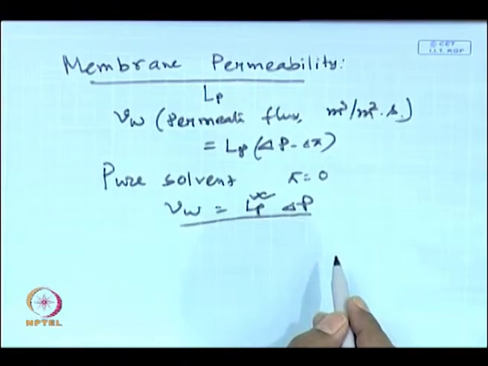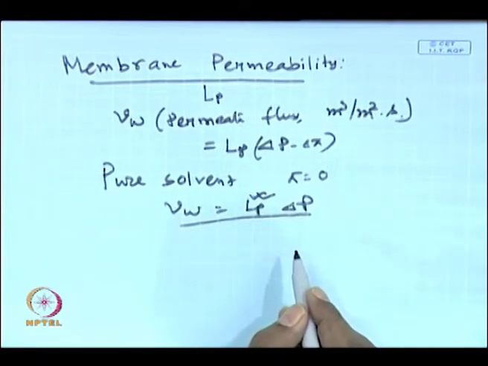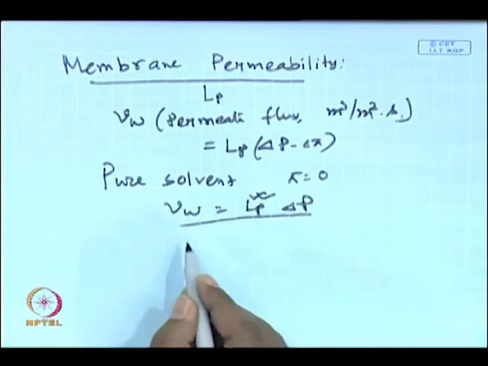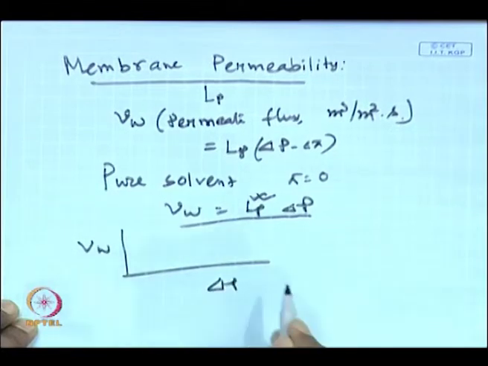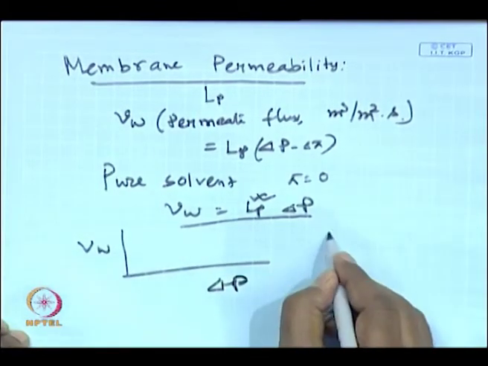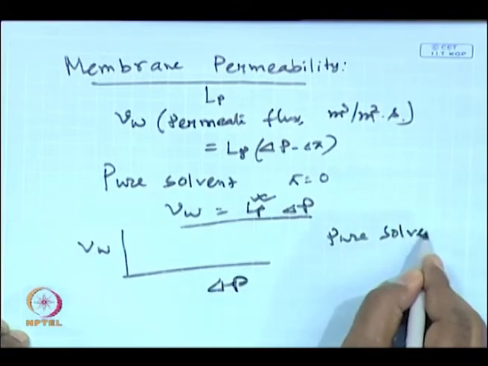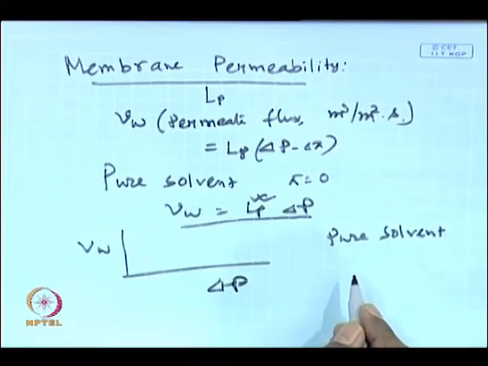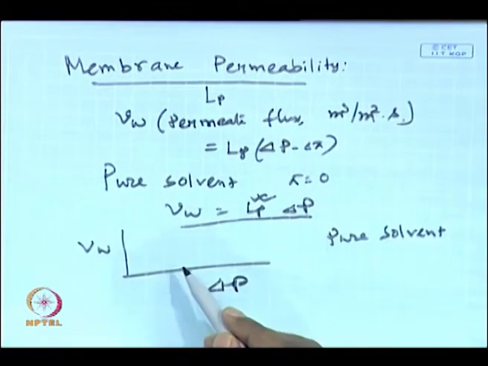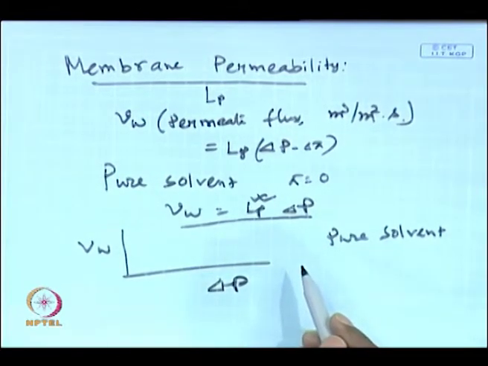Basically, use the same stirred cell and use pure solvent instead of the solution, and conduct the experiment under different operating pressures, okay, and measure the permeate flux and plot the permeate flux versus delta P. You take pure water or pure solvent, carry out the experiment under various operating pressures, and for a particular pressure you measure the permeate flux, and similarly you can generate data of permeate flux at various operating pressures, then plot these values.